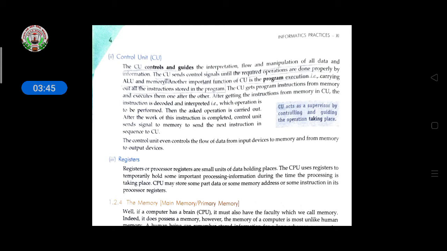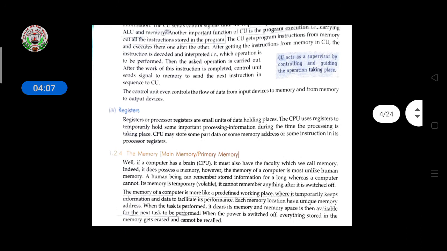After the work of the instruction is completed, the control unit sends a signal to memory to send the next instruction in sequence. It means it controls the instructions according to what the user has given, and sequence-wise the CU sends the instructions to the CPU. Then it processes there and shows the output.